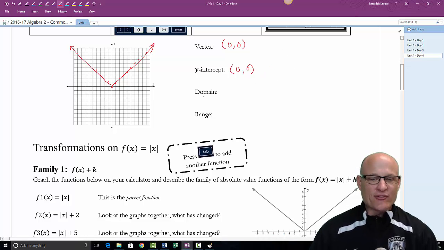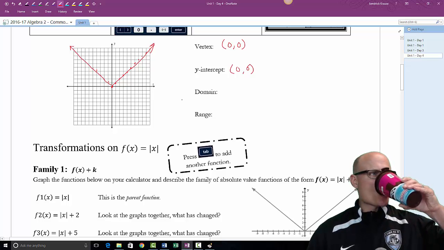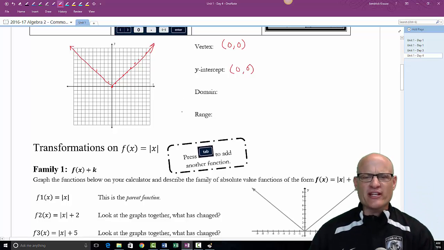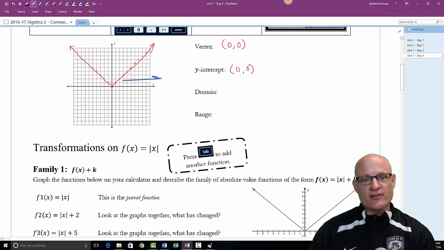The domain. So domain, we talked about domain. Domain are the values, the x values. So they're the ones that we're going off in this direction, and we're going off in this direction.